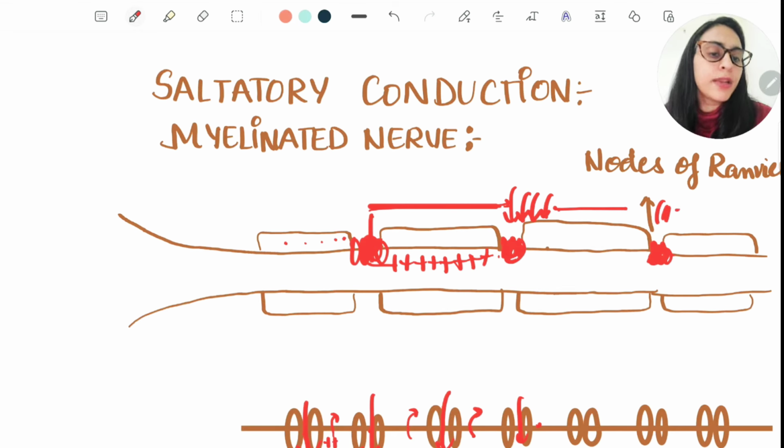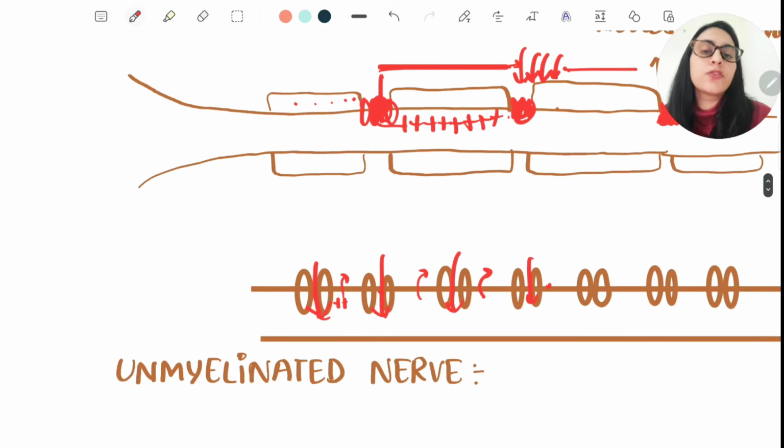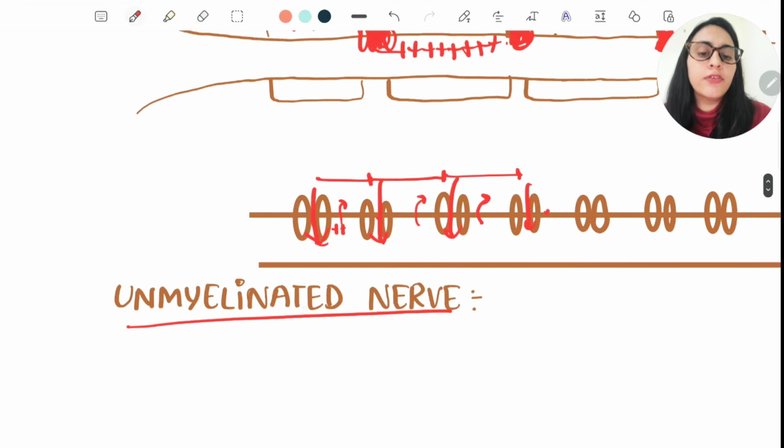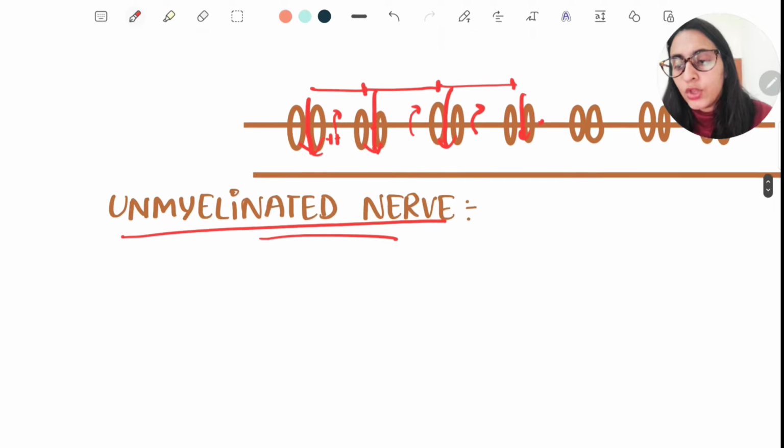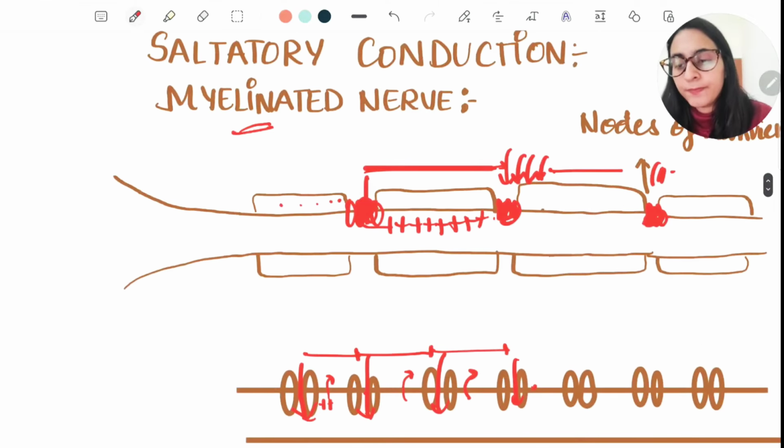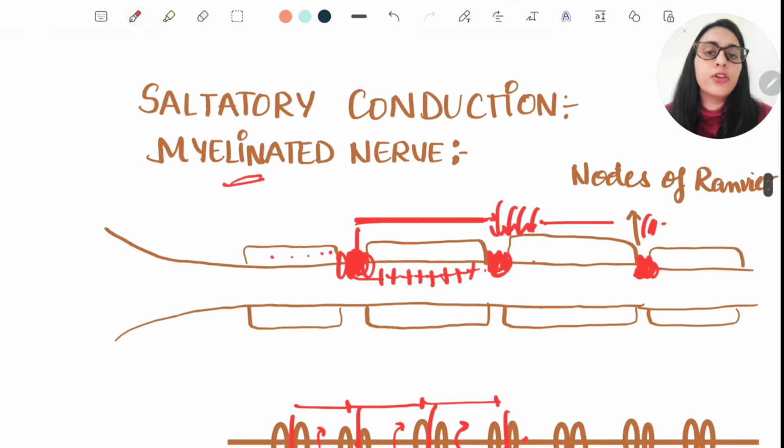So very few brakes it is putting. But in case of unmyelinated nerve, if a car puts brake very frequently, then the speed slows down. That is why unmyelinated nerve has slow conduction rate, while on the other hand a myelinated nerve has a high conduction rate. So saltatory conduction is faster, while in the unmyelinated nerve there is a slow conduction rate.